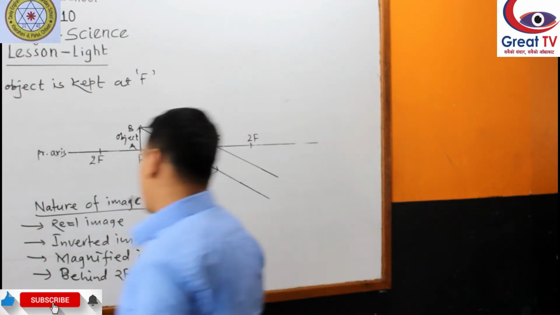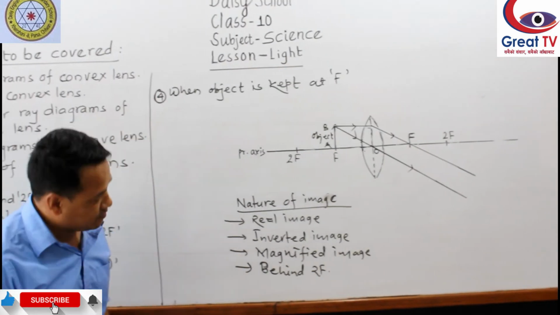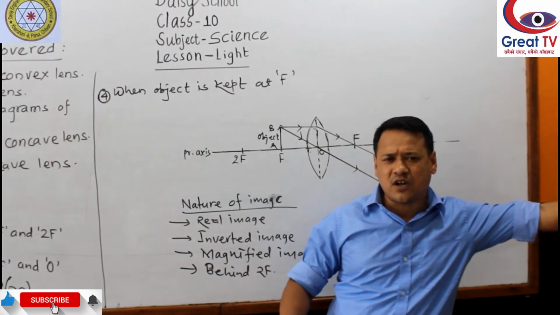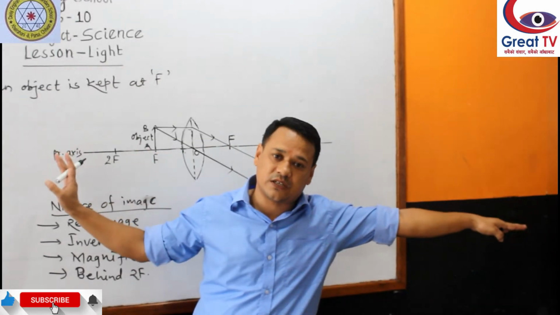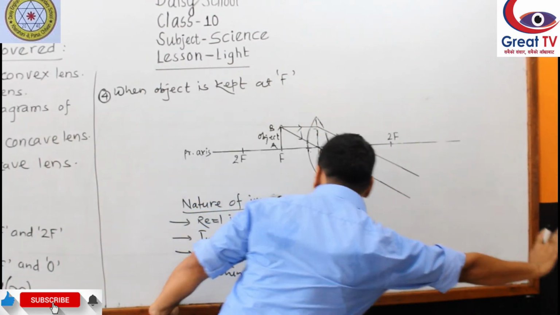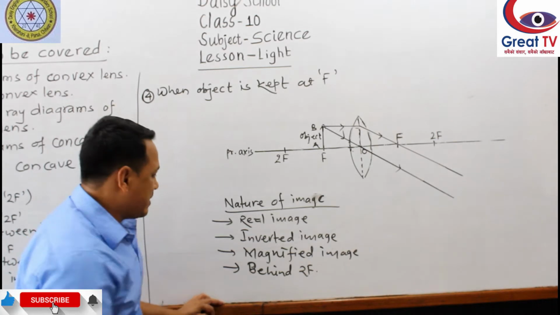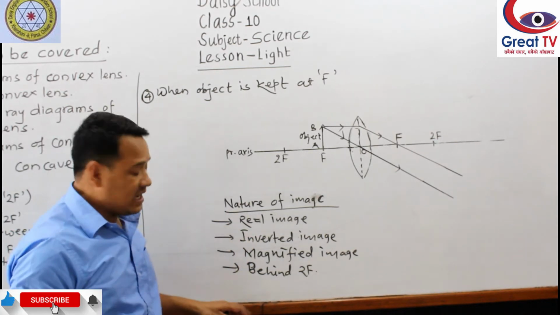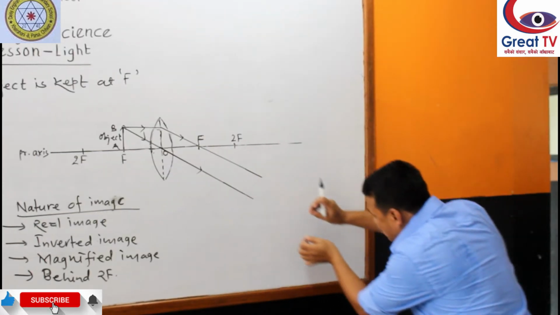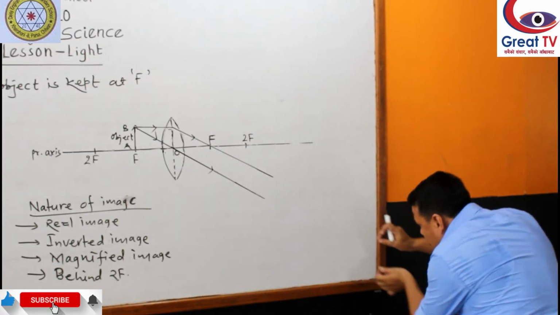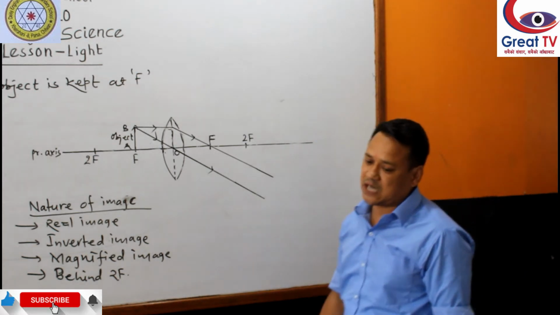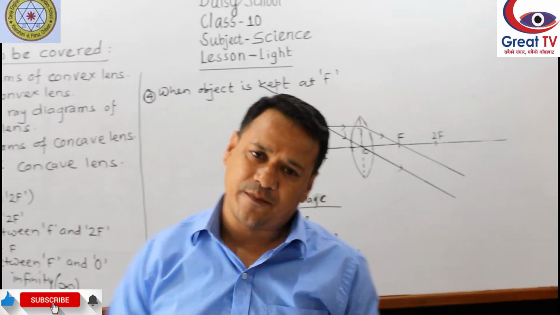Now we have to write the nature of the image. If we extend these two light rays, they intersect very far from the lens, far from the object. The object is on this side, so the image will be formed on the next side. That is a real image, and a real image is always inverted. When these two light rays are extended downward, they go very far from the principal axis, so the size of the image will be very high.